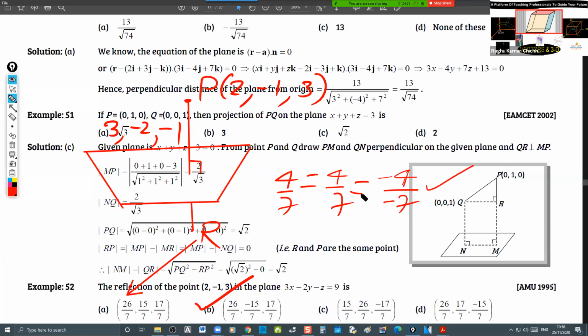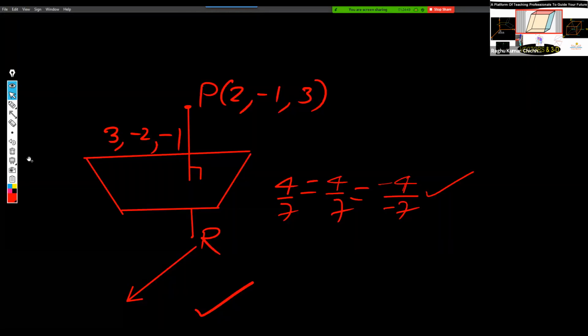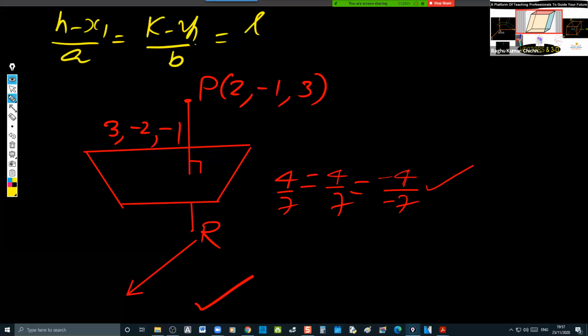If you want to link this up with the 2D line reflection, how it goes, you know that. Let me revise it. You know that h minus x1 by a is equal to k minus y1 by b is equal to, it is a 2D line now, it ends here and you will get some constant.